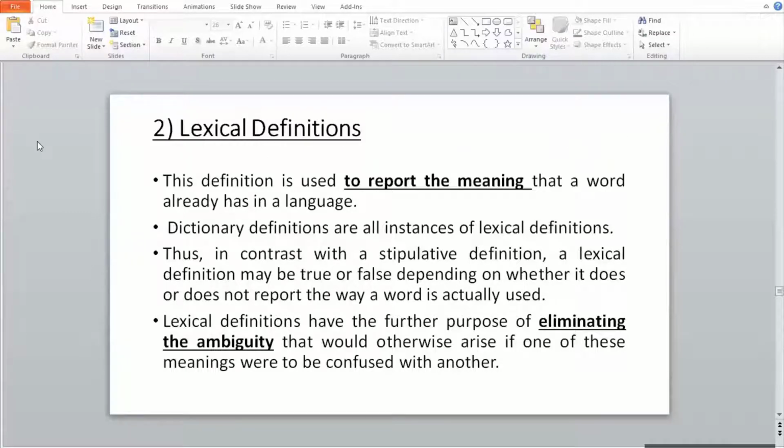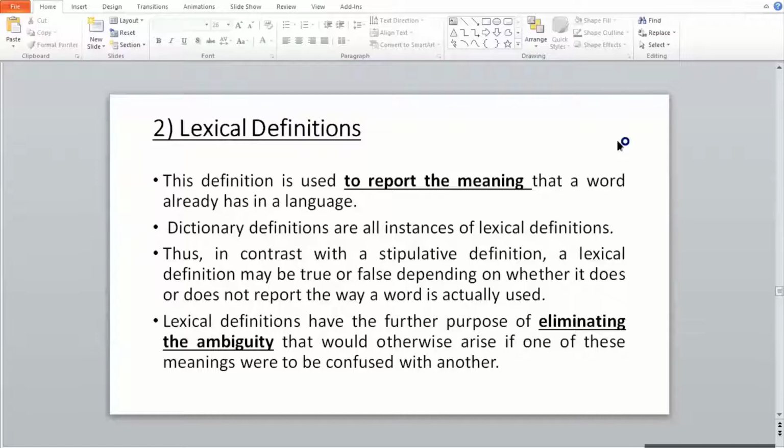So a lexical definition is a type of definition which is used to report the meanings that a word already has in language. The meaning of a word in language is known as a lexical definition.